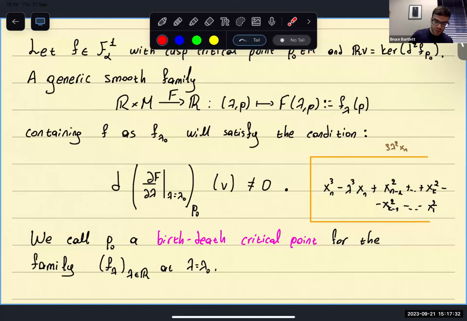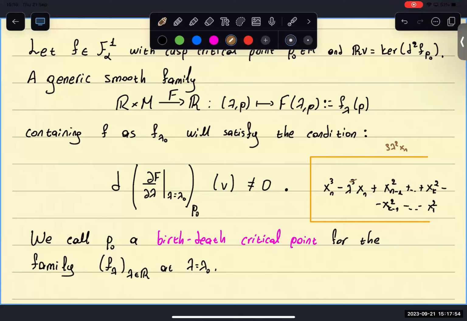The only way this would not be 0 is if I had this be like a lambda, because then the differential of that would be just 1 of this. Is that clear?